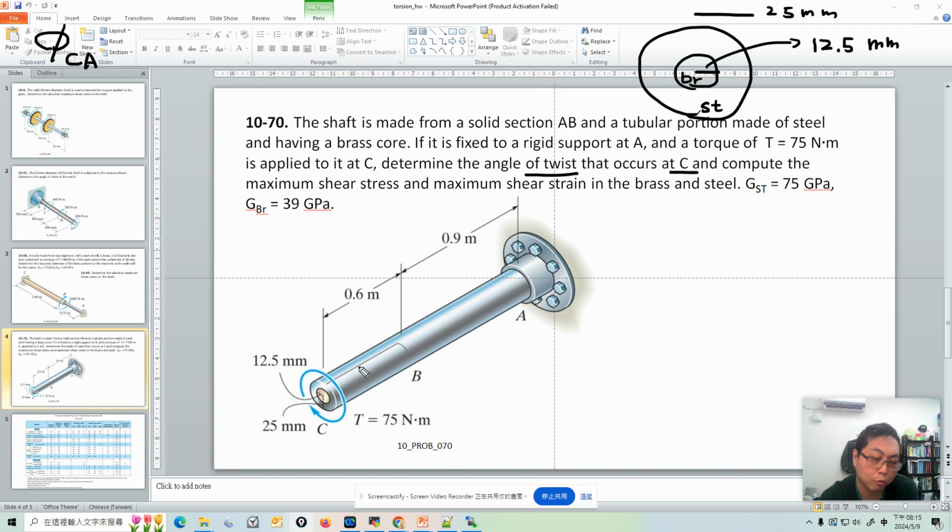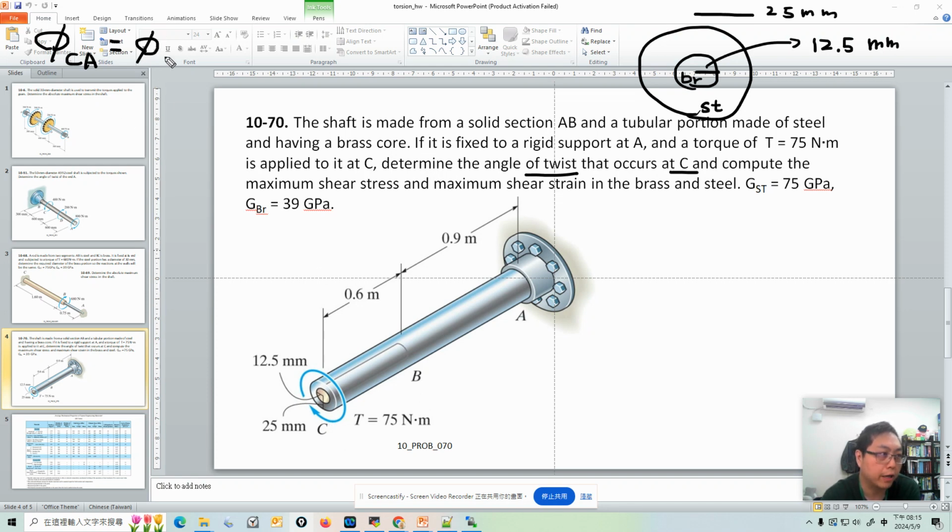So we have to calculate the angle of twist of each section and add them together. That will be the angle of twist of C with respect to A.